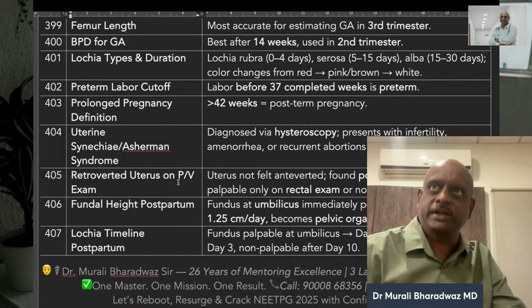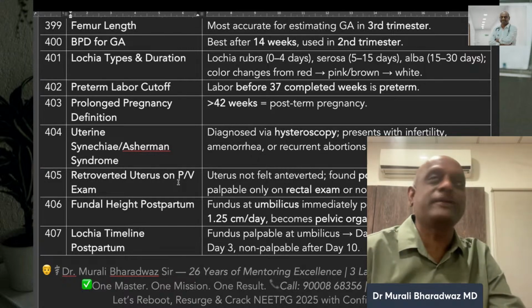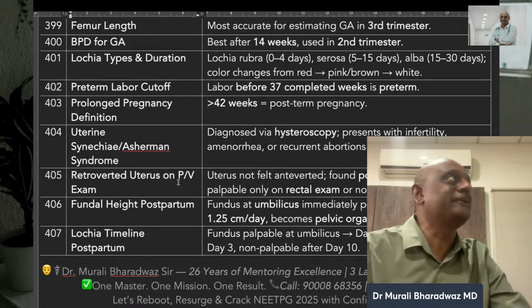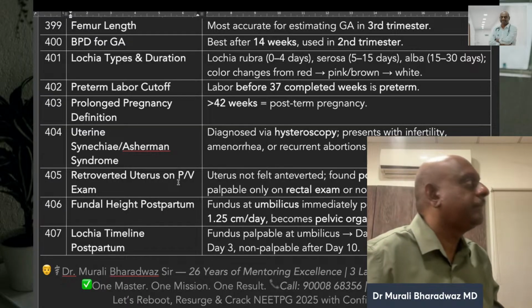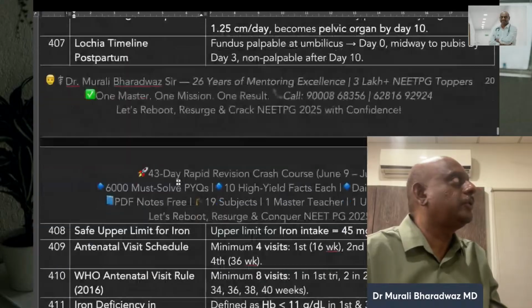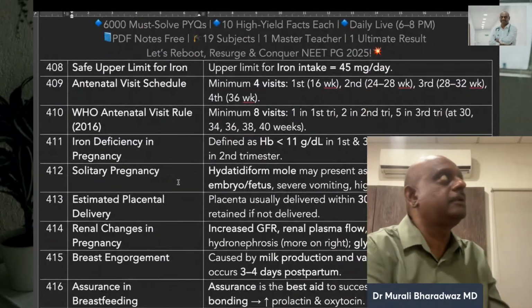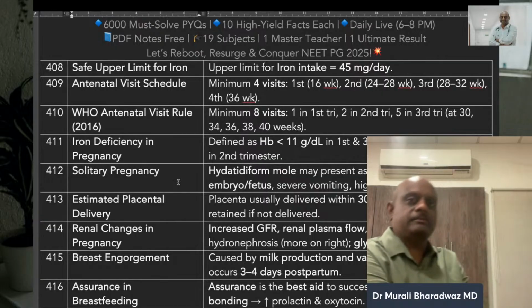Right now, I am in postterm. Lochia is also over. Now comes iron. Upper limit for iron intake, 45 milligram per day.